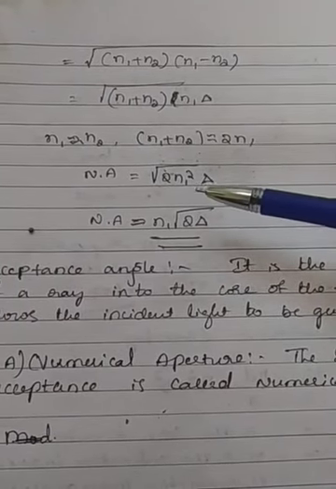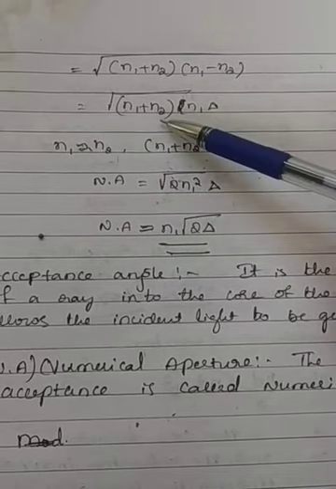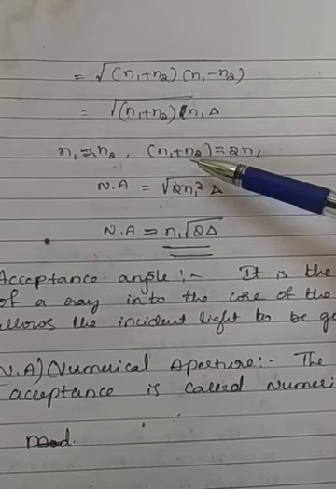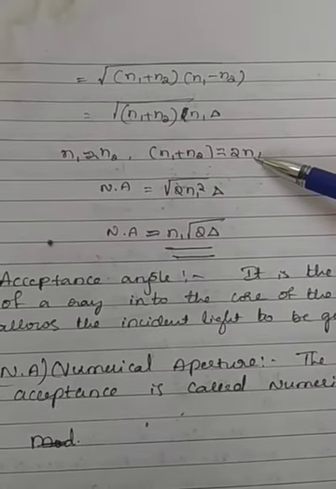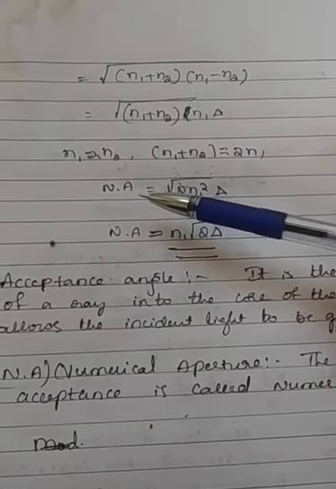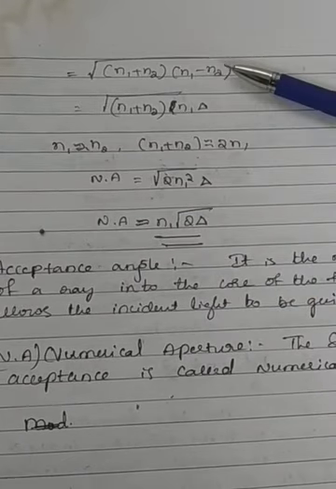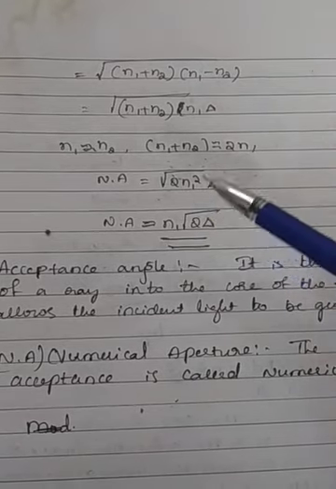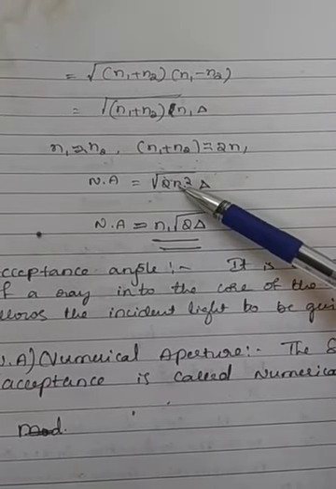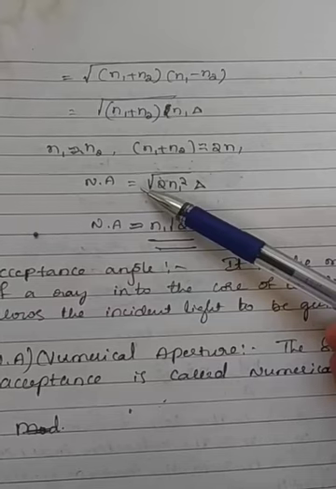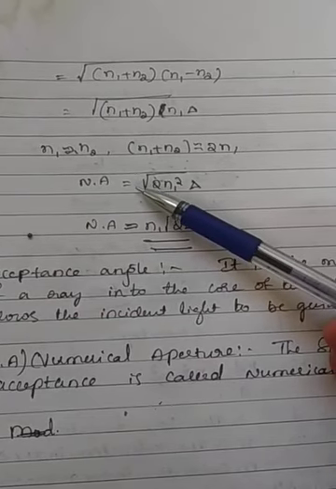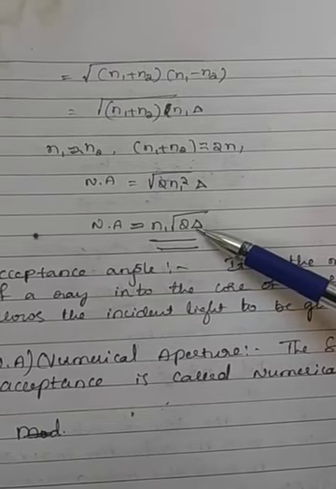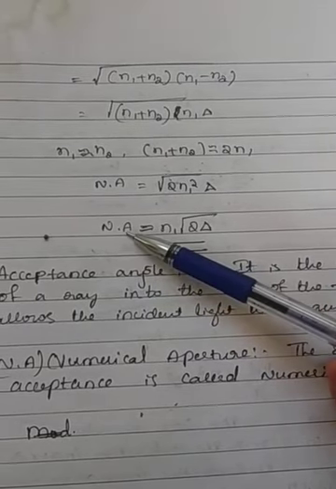You will get this relation. n1 is approximately n2, so n1 plus n2 is approximately 2 n1. So numerical aperture is equal to root of 2 n1 square delta. Here we take n1 square out of the square root. So there is n1 root 2 delta. It is the relation between the numerical aperture and the fractional index change.